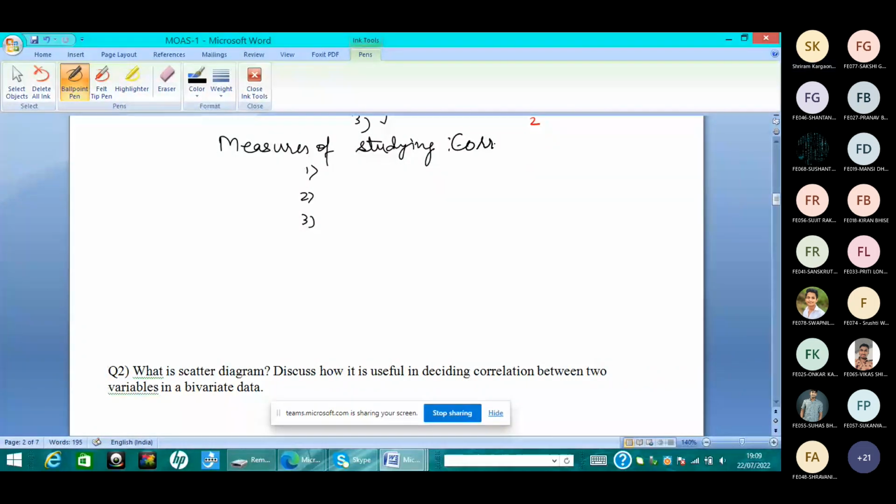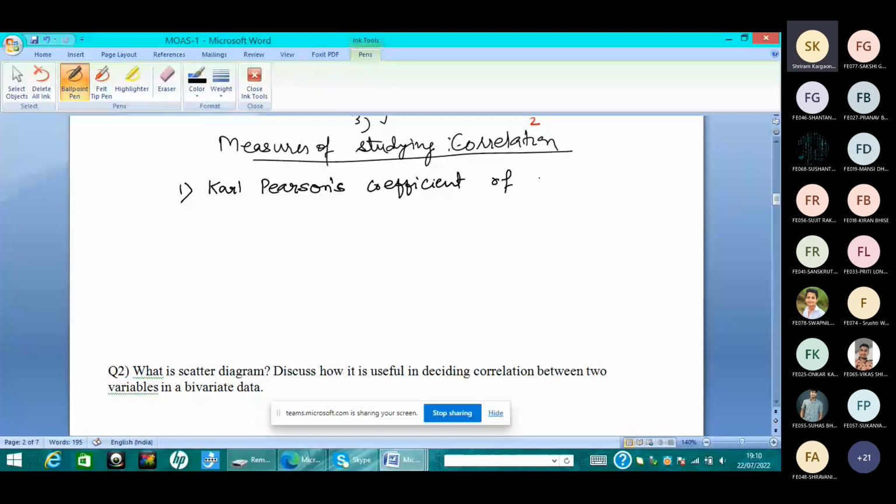So what are the various measures of studying correlation? Let us see. There are three methods of studying correlation. First one is the scatter diagram.